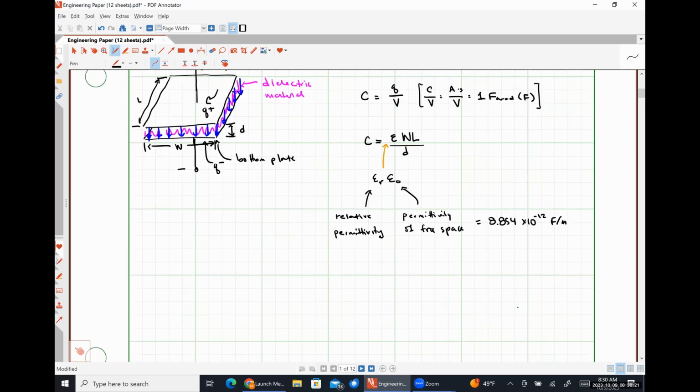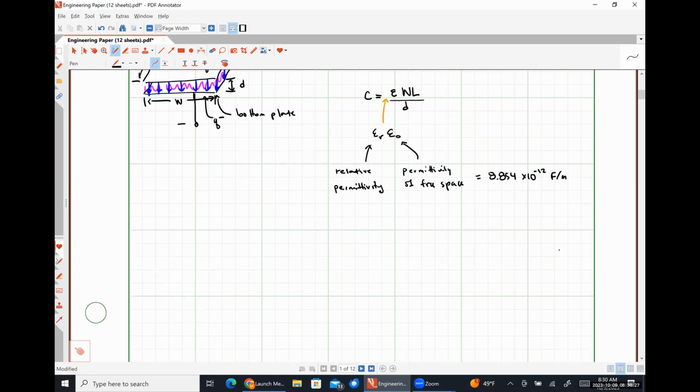Let's now introduce the schematic representation of a capacitor. And we're going to have two of them. The first representation for a capacitor that we might see is this one right here, where it is two leads, and then we have two parallel plates.